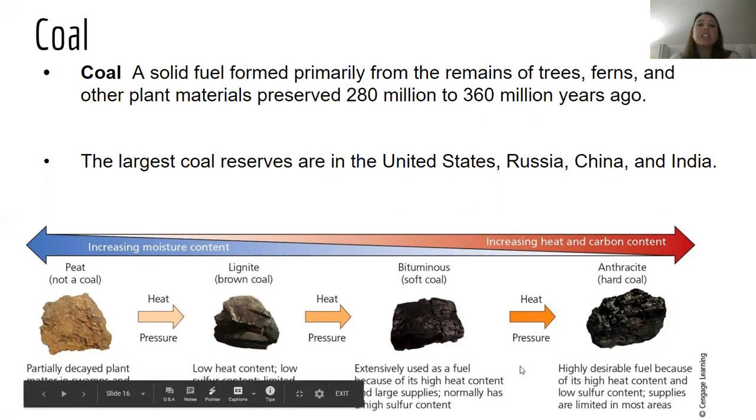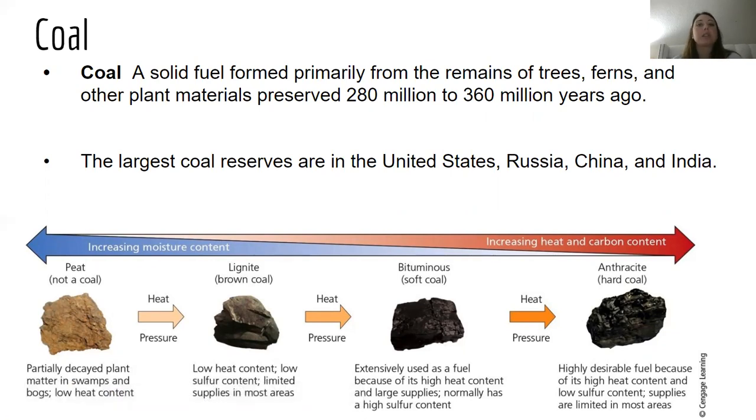As you put these things under more and more heat and pressure, we're going to get the different types of coal. Bituminous coal is the most cost effective. It does have a really high sulfur content, and so it's going to release a lot of SO2. You might want to make a note of that: SO2 coming from the burning of coal. And so we really like to see subbituminous.